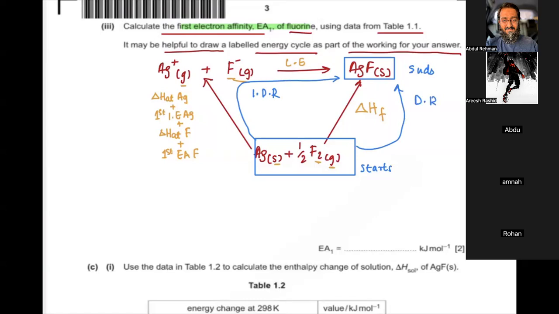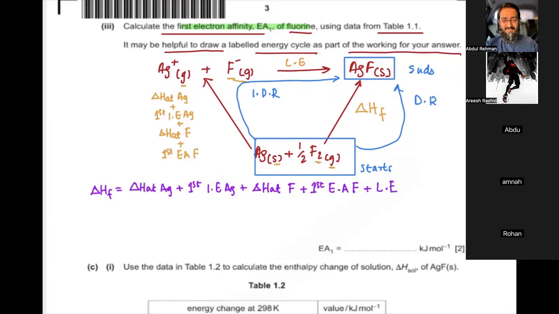So from this, I can easily make the mathematical equation, and that is: the enthalpy change of formation is equal to the enthalpy change of atomization of silver, plus the first ionization energy of silver, plus the enthalpy of atomization of fluorine, plus the first electron affinity of fluorine, and then the lattice energy.